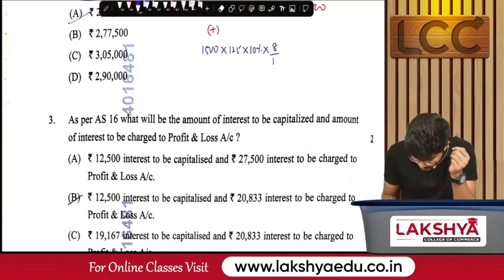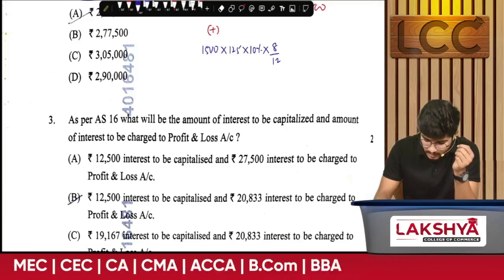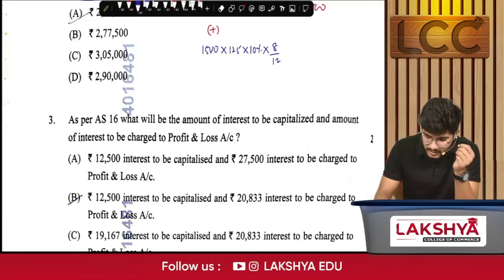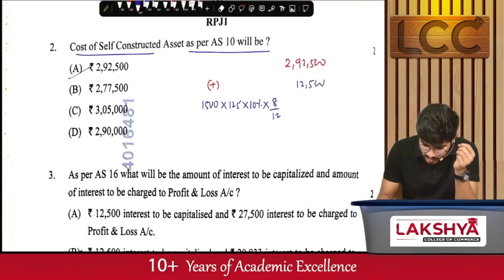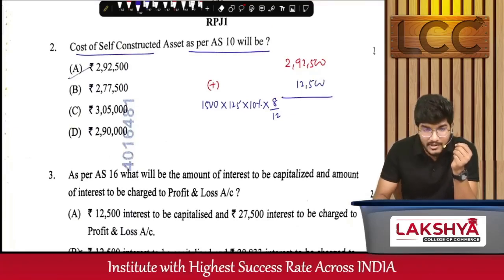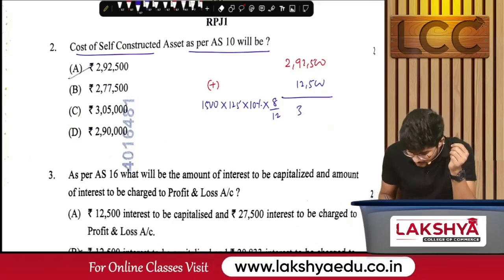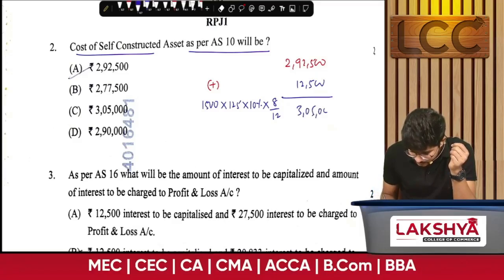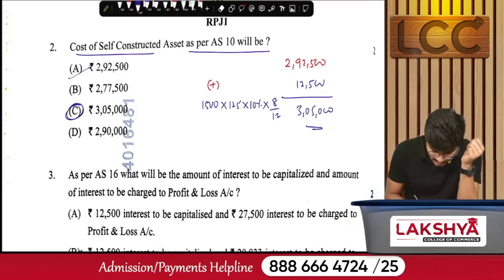So 1500 into 125 into 10% into 8 divided by 12. So that is 12,500. So this 12,500 should be capitalized as cost of the asset. 2,92,500 plus 12,500, now the answer is 3,05,000. The correct option is option C.